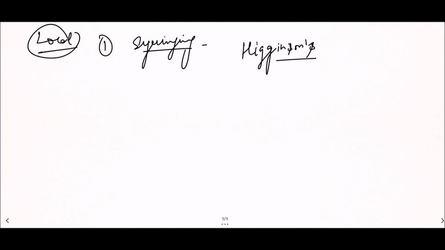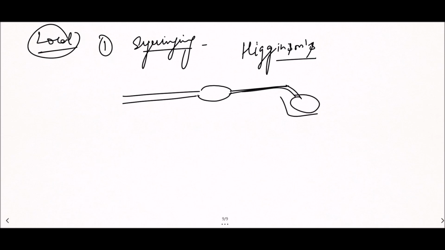So basically, this is the bulb of a Higginson syringe and the suction valve is placed in the bowl of fluid, and pressure is applied on this bulb. Due to imperfect filling of the bulb, a mixture of air and fluid is forced into the uterine cavity. So this is the uterine cavity.